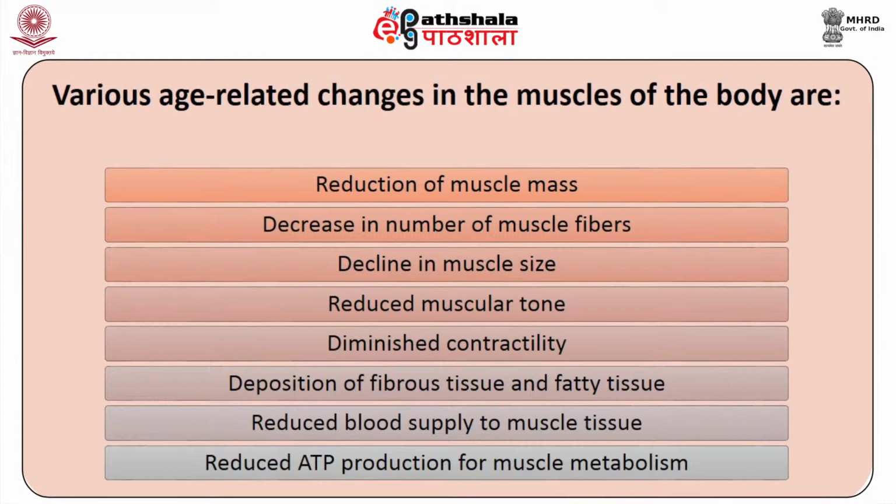Various age-related changes in the muscles of the body are reduction in muscle mass, decrease in number of muscle fibers, decline in muscle size, reduced muscular tone, diminished contractility, deposition of fibrous tissue and fatty tissue, reduced blood supply to muscle tissue, and reduced ATP production for muscle metabolism.